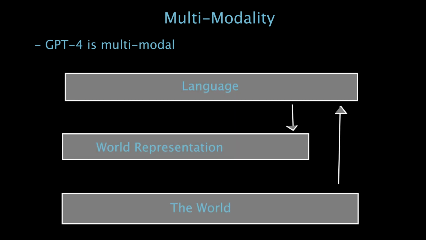Lastly, I want to mention multimodality. Notably, GPT-4 is able to receive both text and images as input. While not much is publicly known about the technical details in this area, it is hypothesized that having a multimodal representation of the world could greatly deepen a model's understanding of it.